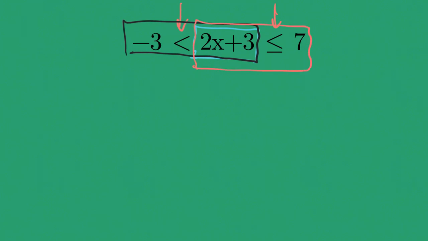The 2x plus 3 is going to get shared with both of these. Okay? That scares me. Don't let it scare you. Okay? We are going to solve both of these. Now, the good news is that we're going to follow the same solving steps for both sides. Okay? So, let me do this.